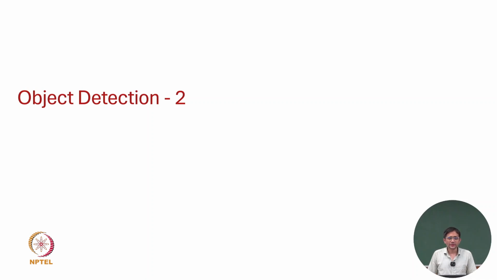Indeed, object detection is one of the important problems in SAR image analysis. It also plays important role in other Earth observation tasks as well, involving the other sensors as well.